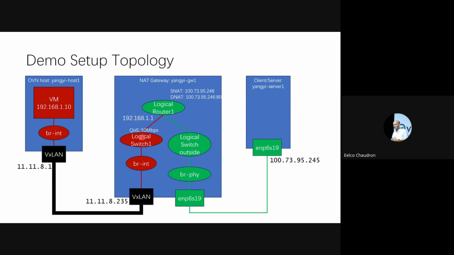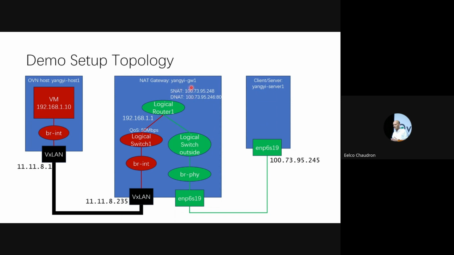The logical switch controls QoS. Finally, the OpenFlow meter action does QoS. The logical router controls SNAT. The OpenFlow CT action implements SNAT. DNAT is done by load balancer.